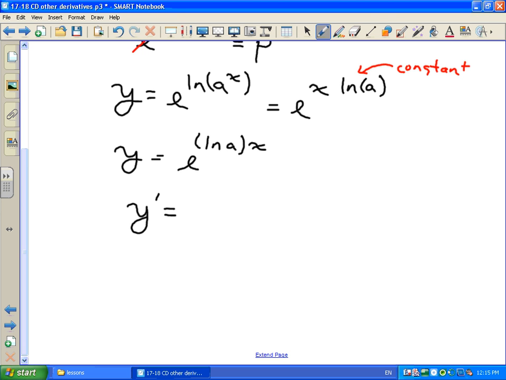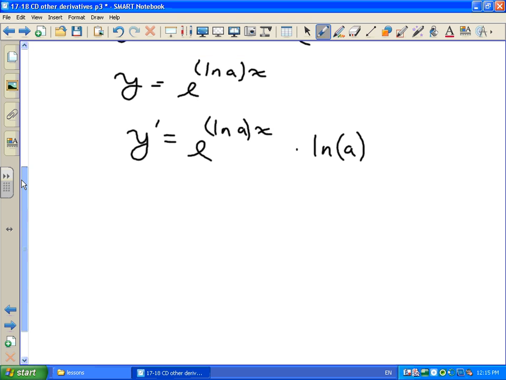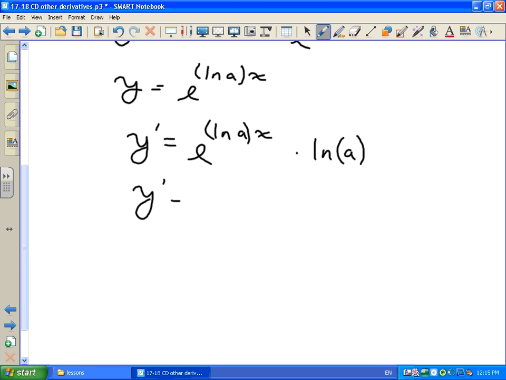So we know that we're doing the derivative of the exponential function. We get the original function back multiplied by the derivative of what's up in the exponent. Well, the derivative of ln a times x is just ln a. Now we can undo what we did to our original function. This is e to the x ln a times ln a.